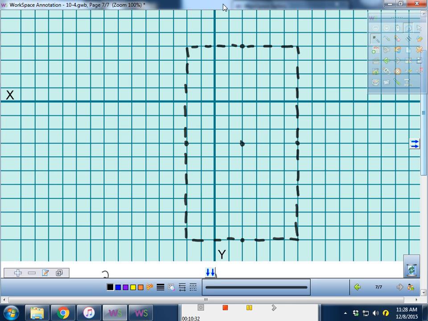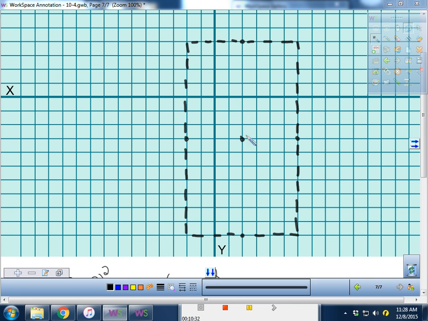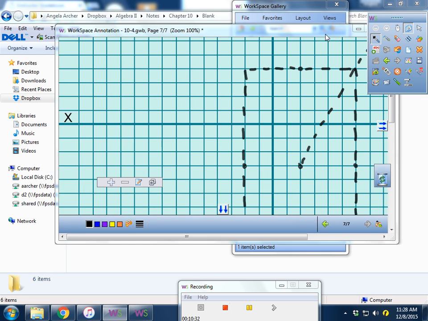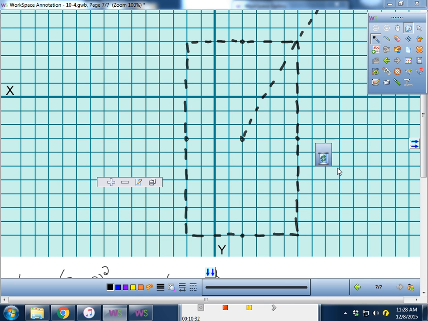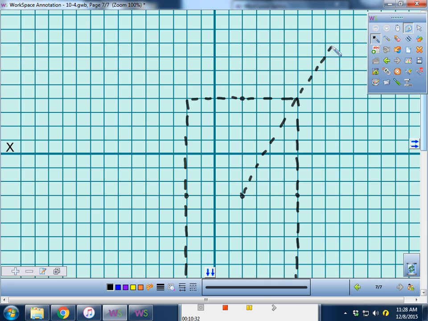Alright, once you get your box drawn, you're going to draw in your asymptotes from corner to corner and make sure you extend. Oops. Sorry about that. Make sure you extend past your corners.